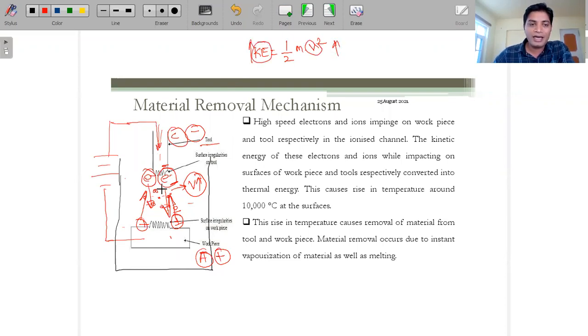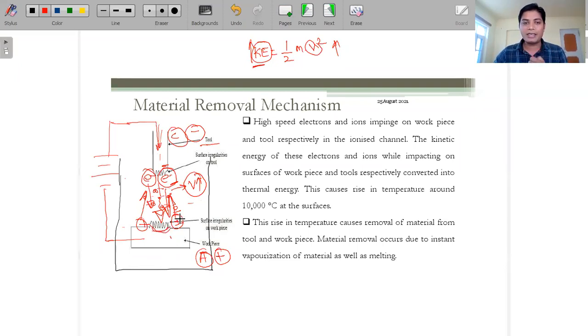As the kinetic energy increases, these electrons will impinge over the workpiece surface. When they impinge over the workpiece surface, they will remove the material from the workpiece area.